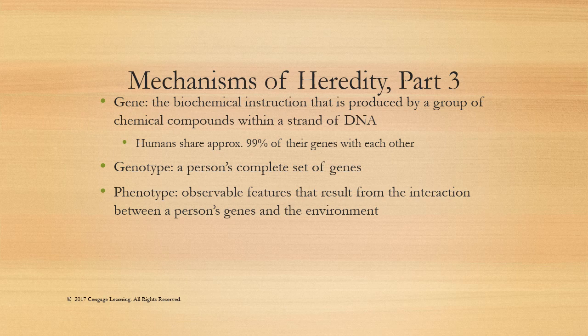You might be asking, what's the difference? A genotype is your complete set of genes that you were born with. You have them, you were born with them, that's your DNA. The phenotype changes depending on the interaction that genes have with the environment.